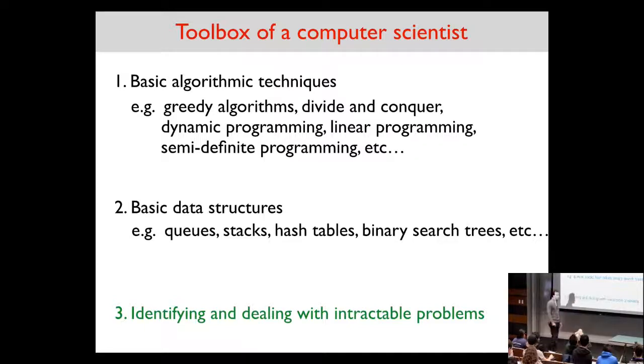And this lecture is basically going to be about this third step, trying to identify problems that are intractable. How to deal with them is a separate question, and we're going to look at that next week, actually, on Tuesday when we talk about approximation algorithms. And that's one way of dealing with them. But first, we have to identify these problems.